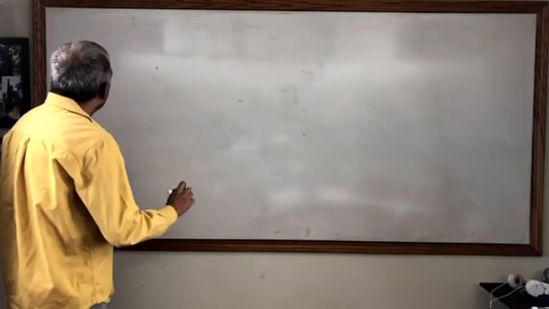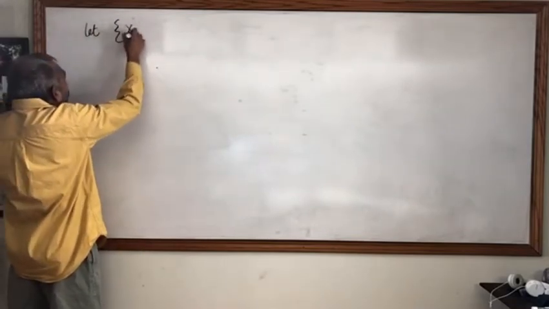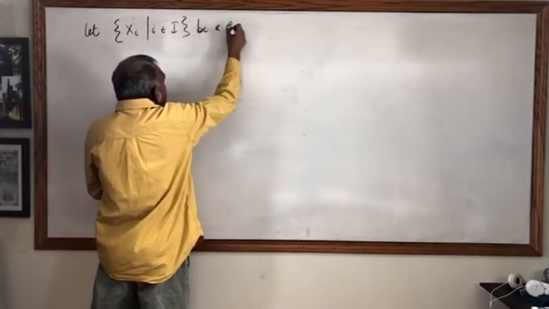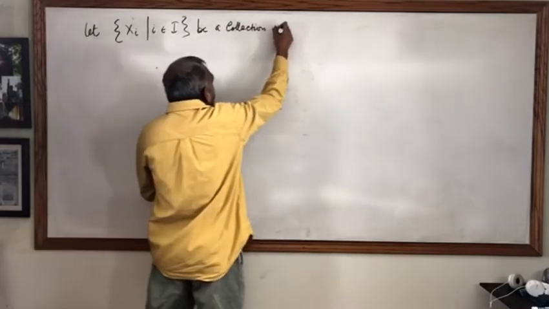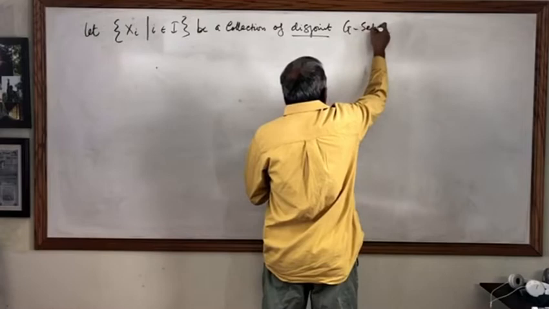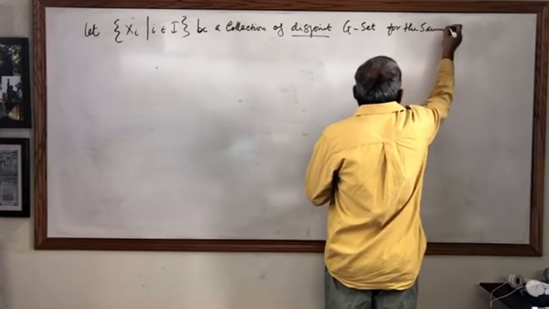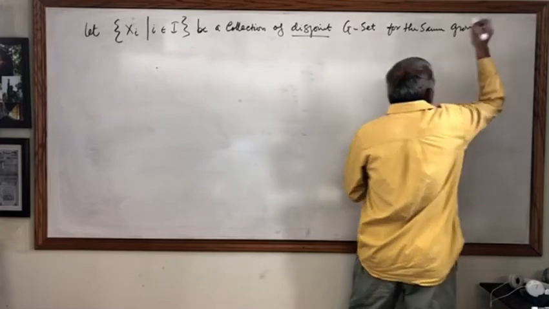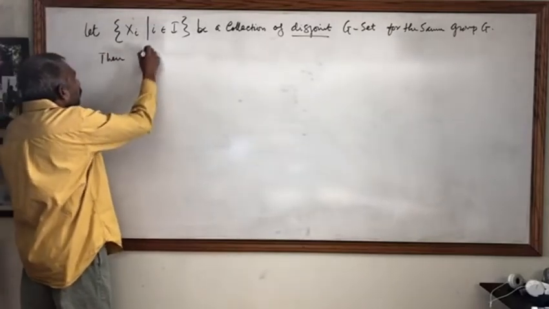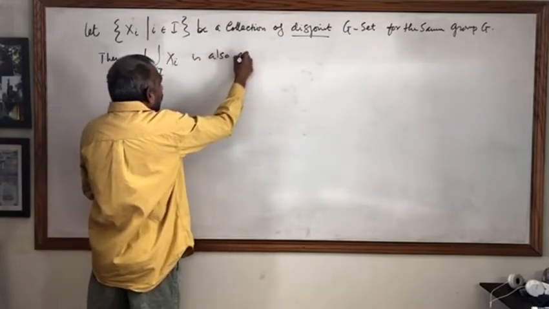And let us do another simple result. Let Xi, where i is from an index set, be a collection of disjoint G sets for the same group G. Then the union of Xi over i is also a G set.